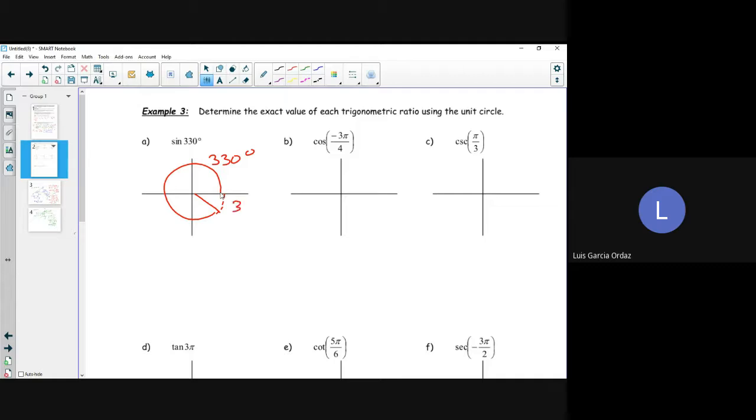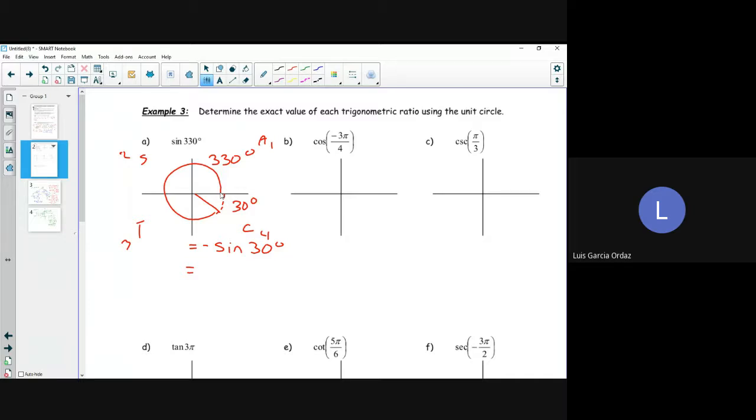So you have 30 degrees over here. So using the CAST system, is sine positive or negative in quadrant 4? So sine is going to be negative. So we need to determine the value of negative sine of 30 degrees.